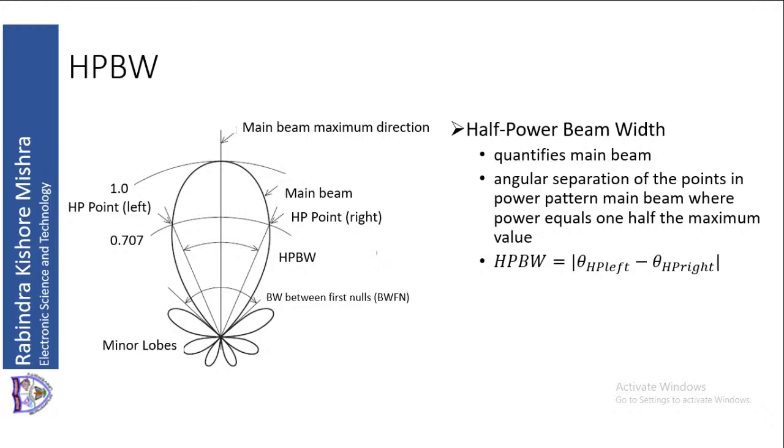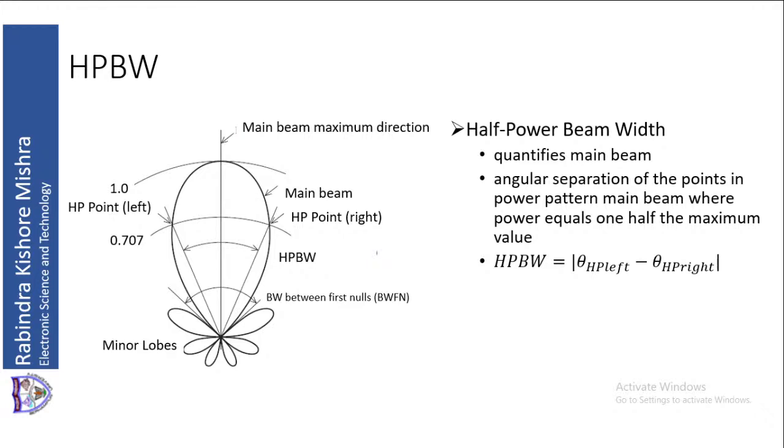Then there is another beam width, which we call the first null beam width, or the beam width of first null, BWFN. Now look at the main lobe and the side lobe. In between these two lobes, there is a space for which the field value is 0.